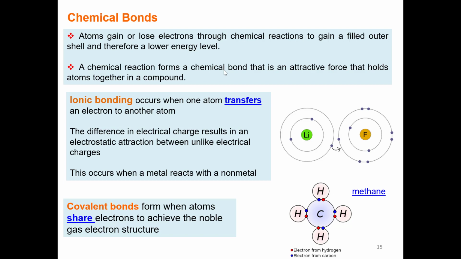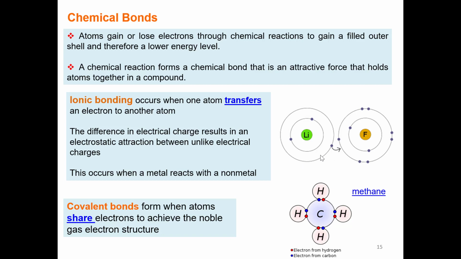And why do they stick together? There are different ways the reaction can happen. One is ionic bonding. In the case of ionic bonding, electrons transfer from one atom to another atom. For example, here we have lithium.